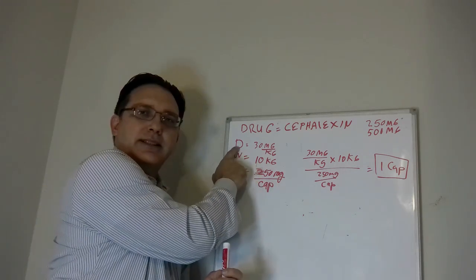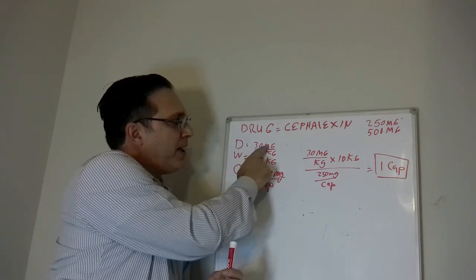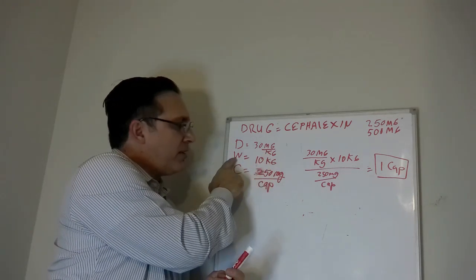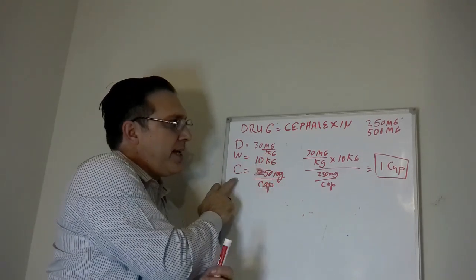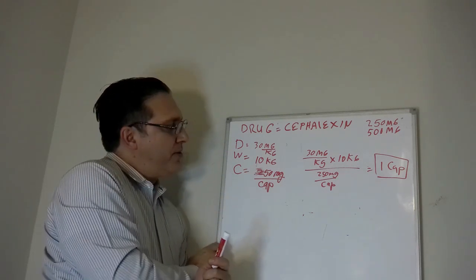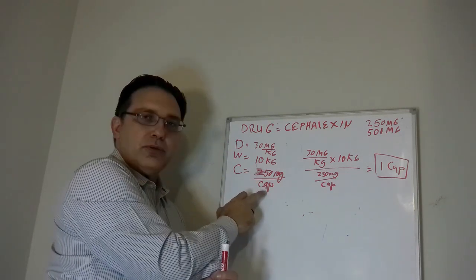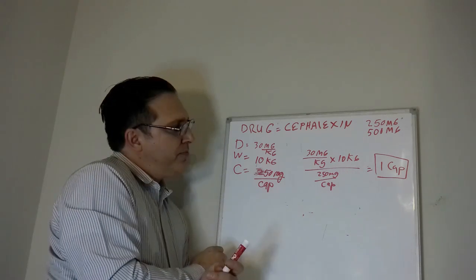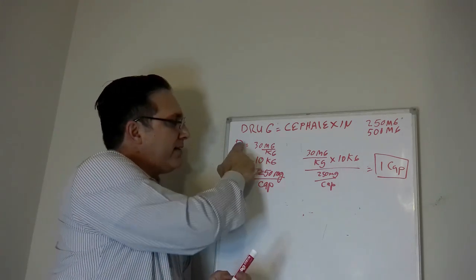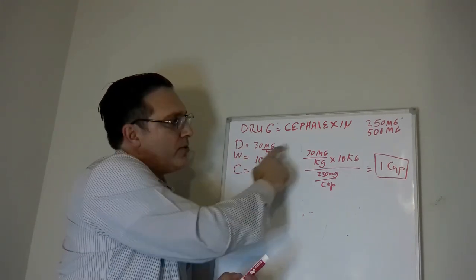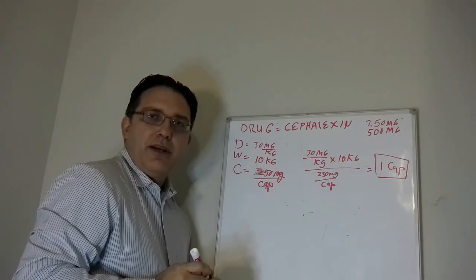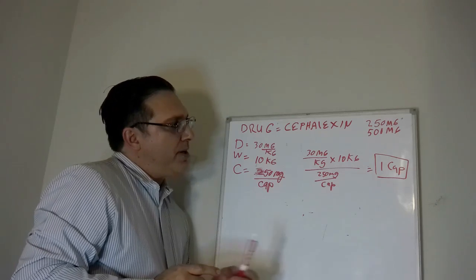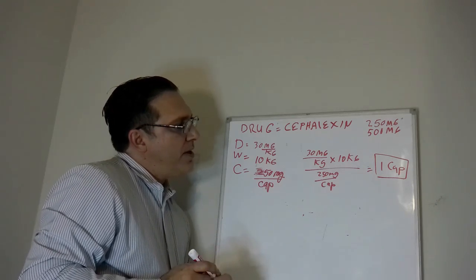And you'll find the dose is 30 milligrams per kilo. The weight of the dog is 10 kilograms. And then this medication either comes in 250 capsules or 500. So then what you do is multiply this times this divided by this. So 30 times 10 divided by 250. And the number is going to be 1 point something.